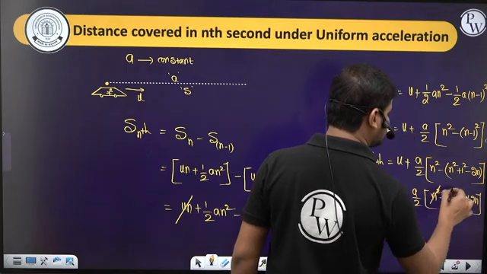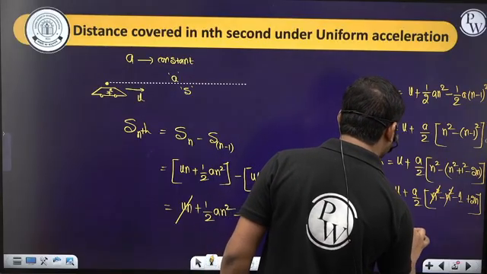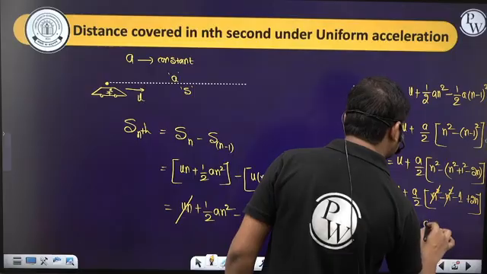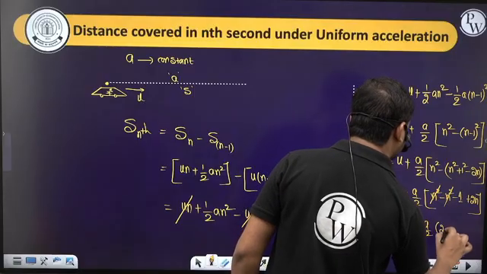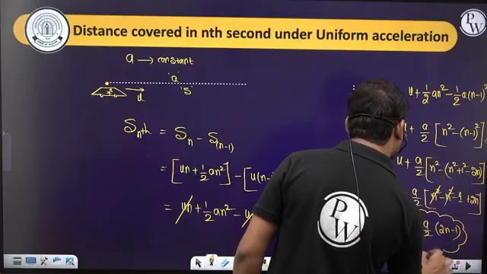So n square gets cancelled. The distance covered in the nth second will be equal to u plus a by 2 into 2n minus 1.